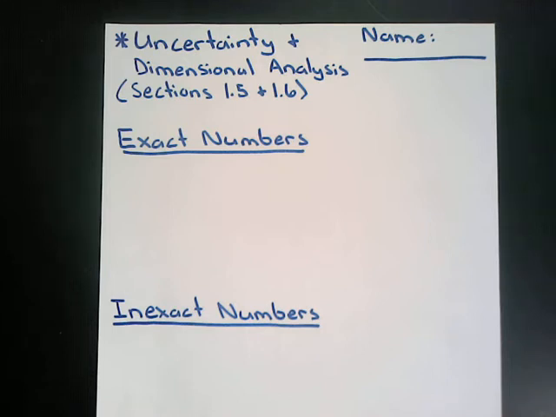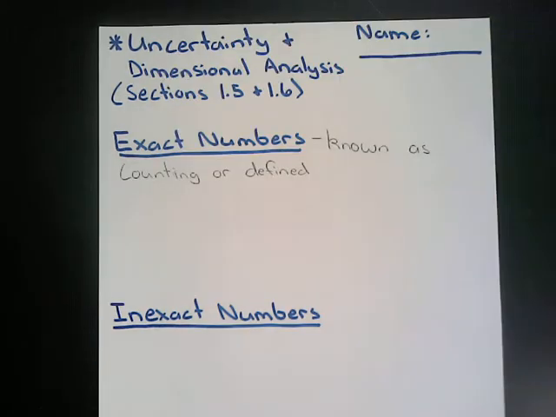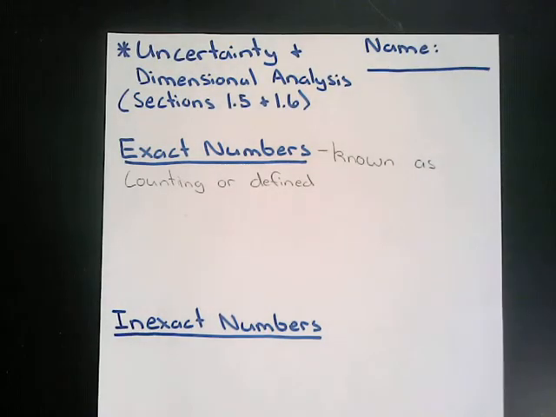So we start off here and we get into these definitions known as exact and inexact numbers. The definition for an exact number is a counting or defined set of numbers. It's easier to understand this in terms of examples. One example is that 1 dozen is always going to equal 12 of whatever you're trying to obtain.